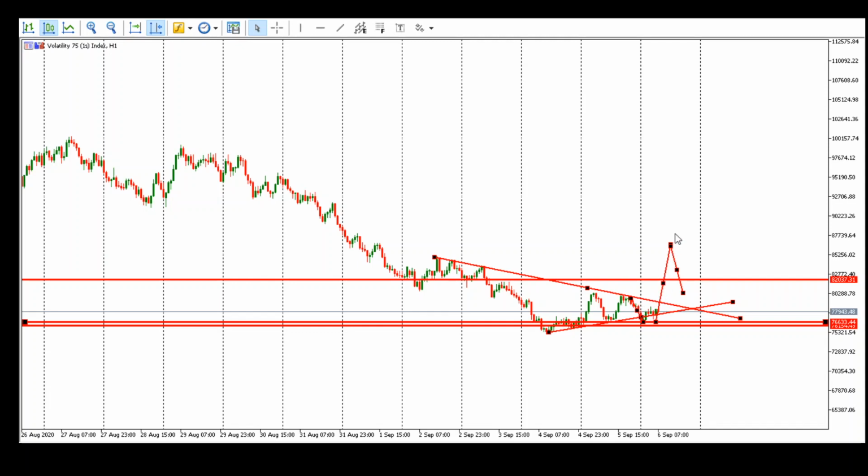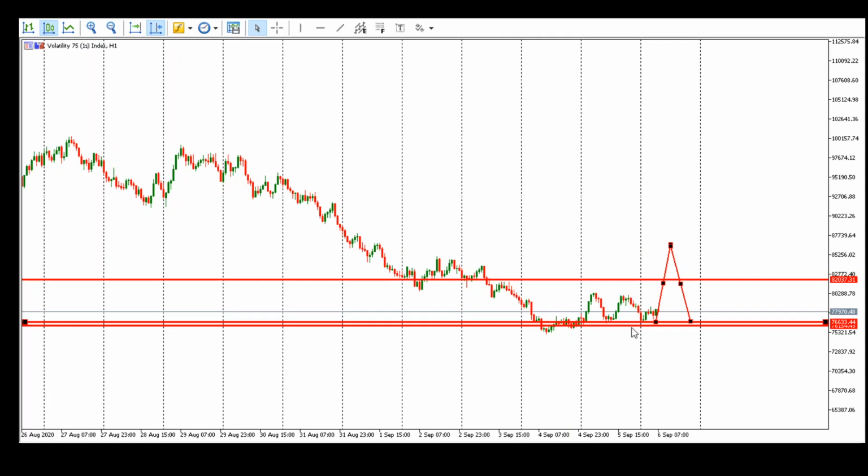You know that maybe this was a fake breakout. If they continue to push down, then you forget about this other pattern.